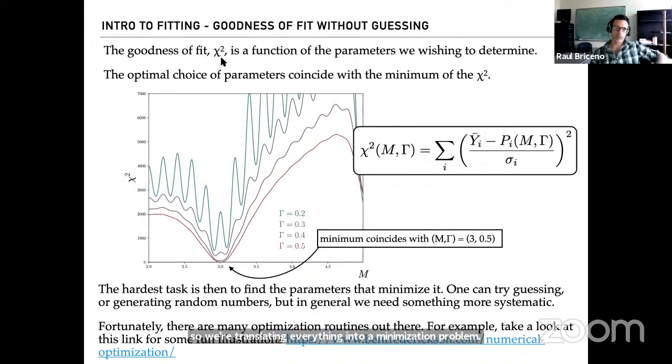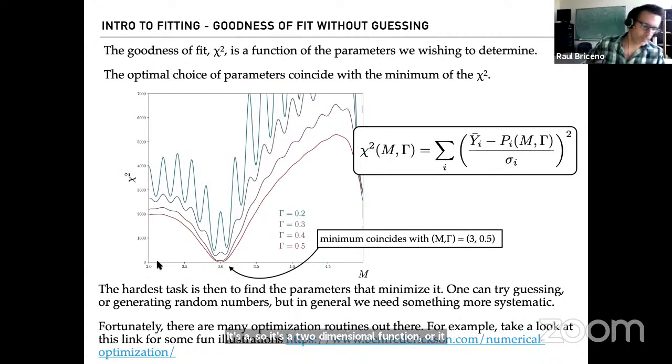You can think of the chi-square as a function of m and gamma, and the optimal values of m and gamma are the ones for which the chi-square is at its minimum. Here it's a two-dimensional function, depending on two variables.